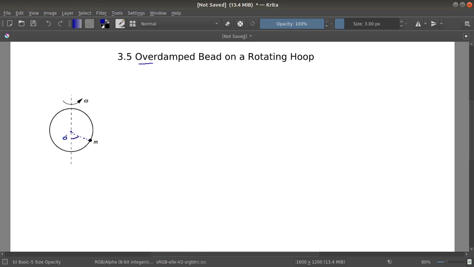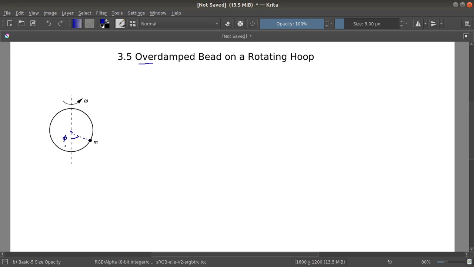Let me call that phi. If you let me know what phi is, then I will know where the bead is on the rotating hoop. So that's our state variable.